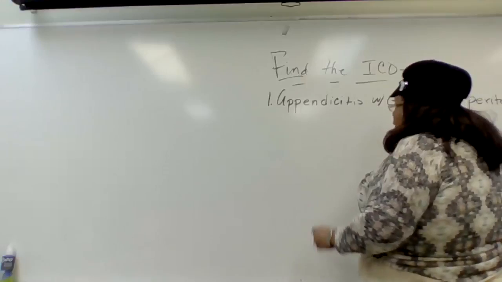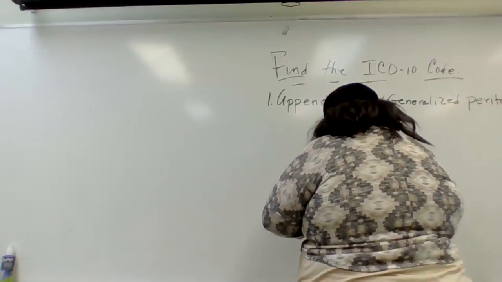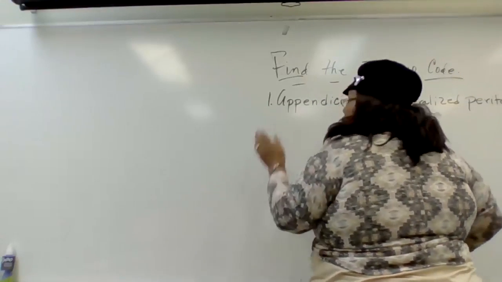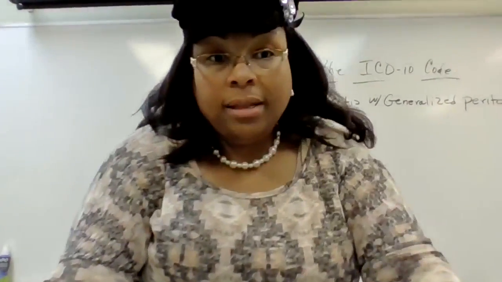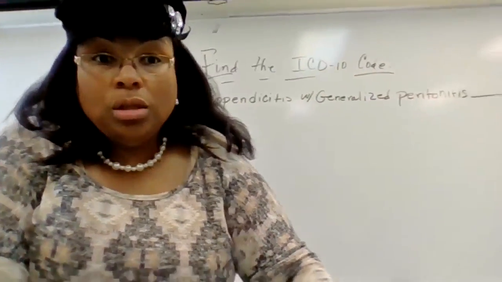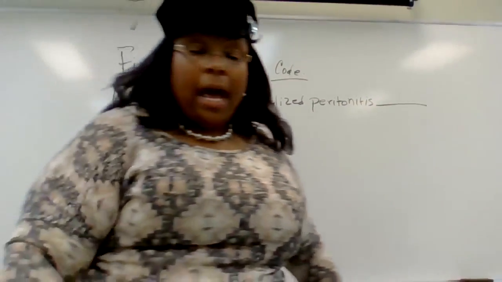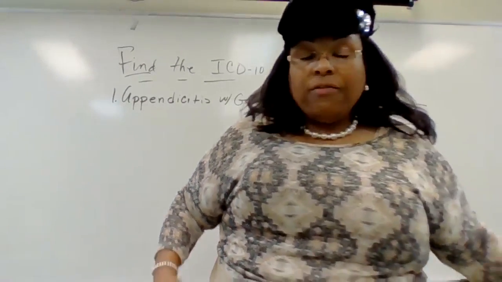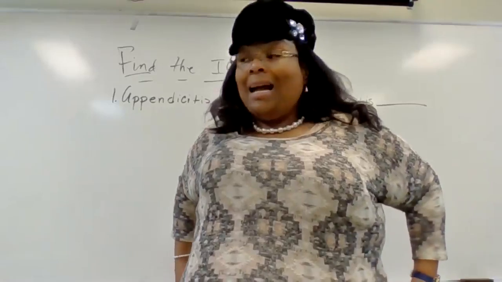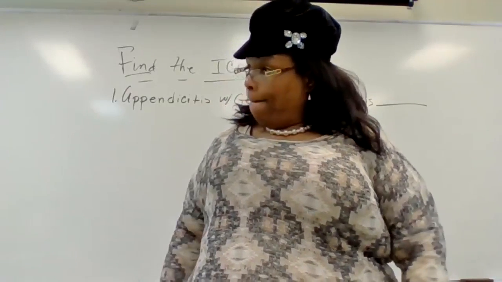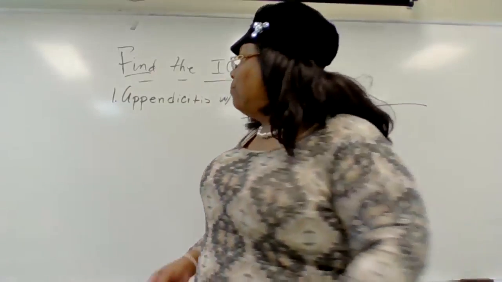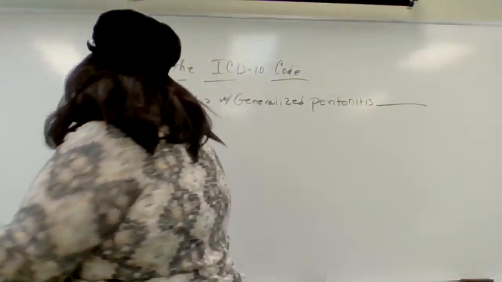Okay, so what is the first rule of thumb when we're looking for codes? I think Ms. Harper has said that once before. What is the first place we go to in the ICD-10 book?